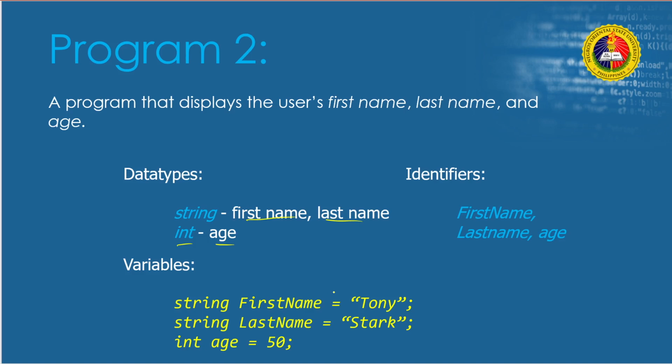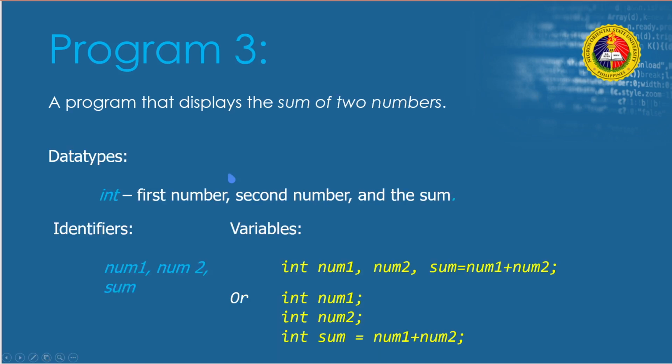And then program number 3, a program that displays the sum of two numbers. Since we are looking for the sum, we are safe with decimal points, therefore we'll be using int for the first and second number, and then sum. Identifiers are num1, num2, and sum.